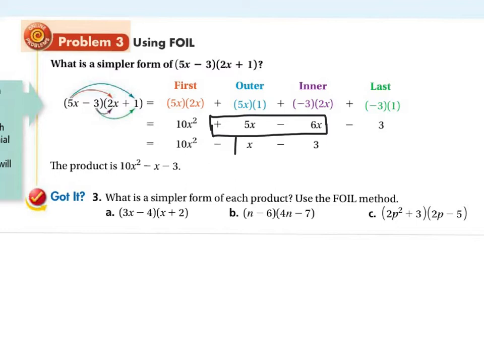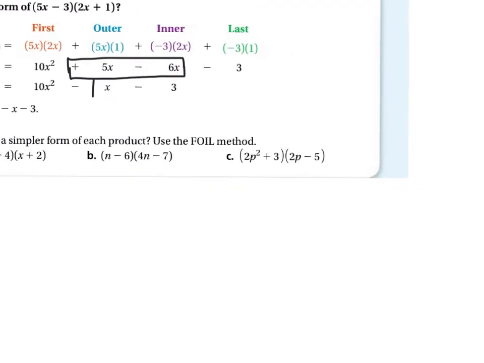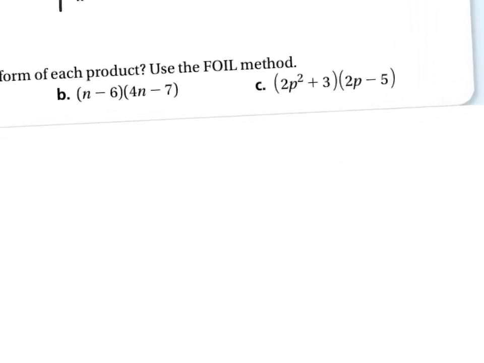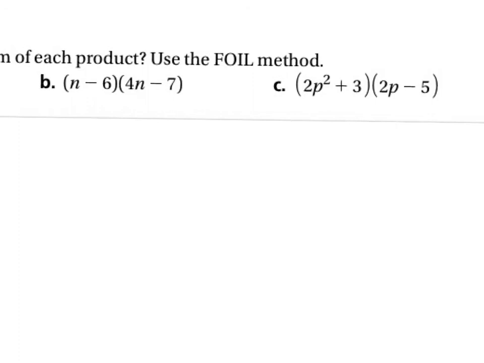So we're going to look at the Got It 3 part C just for something a little different. Well, let's go ahead and look at B first, I guess. So on part B, we're going to multiply our first term, so n times 4n, and then n times negative 7.